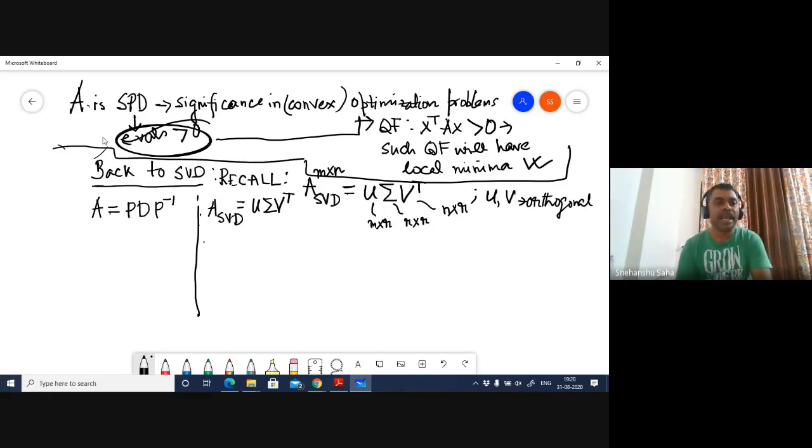Now when I look at this kind of decomposition, your matrix P doesn't have to be orthogonal. It could be just linearly independent columns, and that should suffice for the inverse of the matrix to exist. However, if P turns out to be orthogonal, then you can rewrite this as P D P transpose, right?